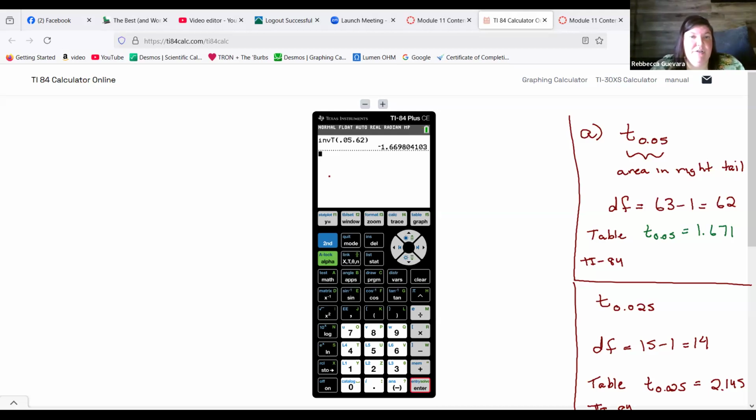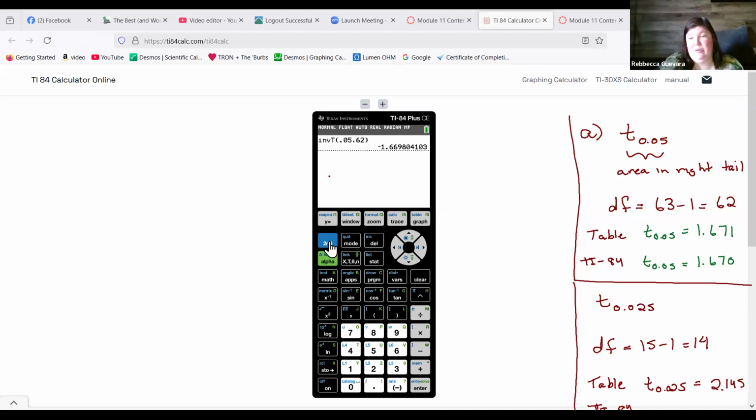Just give it a second here. So here it says t 0.05 is going to be, remember, change it from negative to positive, 1.6698. If we rounded, that's 1.670. So just off by like a decimal place. And like I said, that's because that one was not exactly on the table.